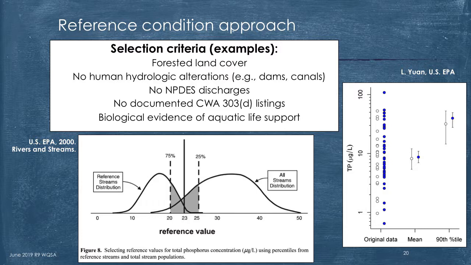They came up with a distribution, and they based their criteria on some percentile of the reference population, okay? And that's what they're using to permit and assess nutrients.